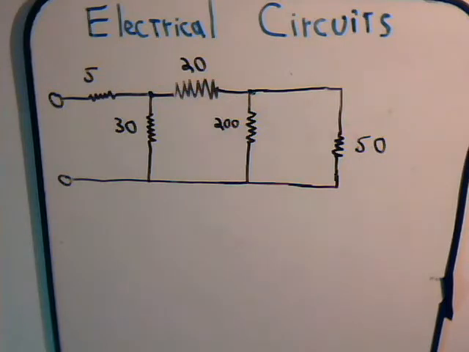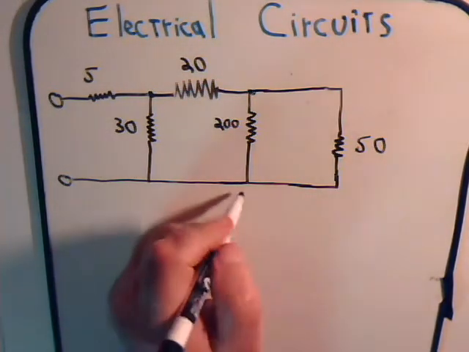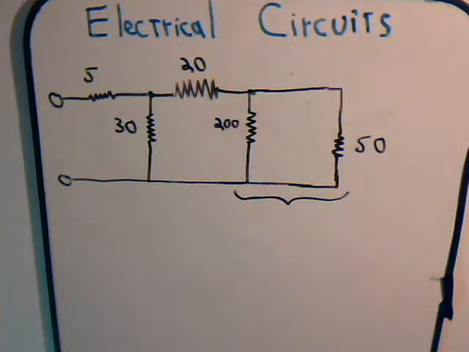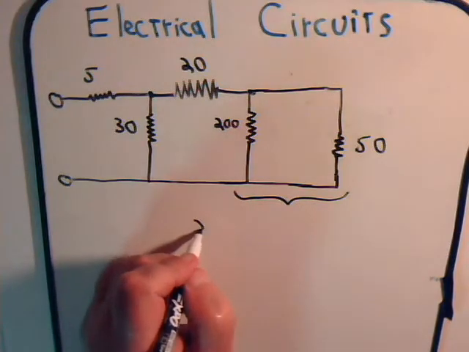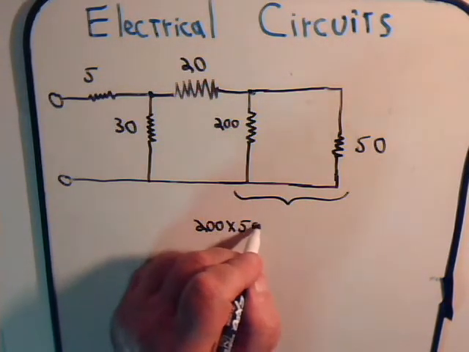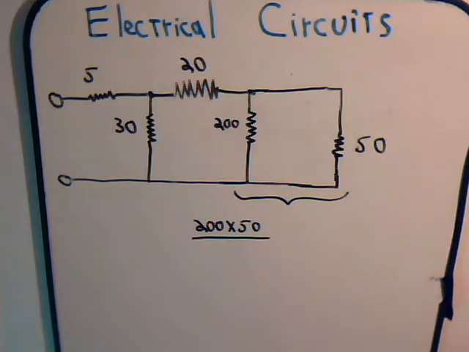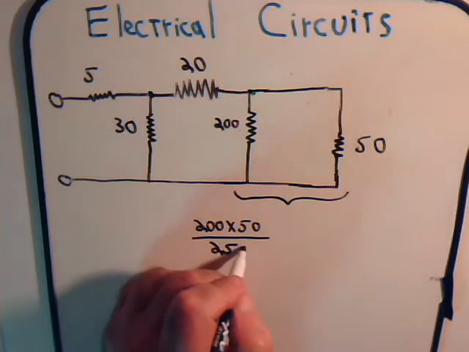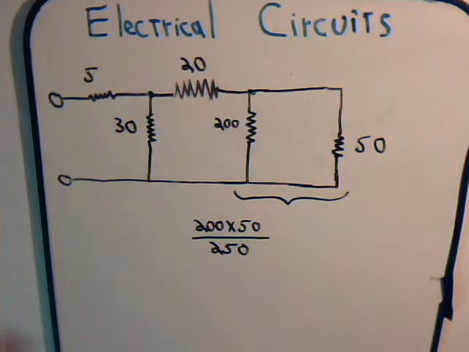So these two that are in parallel with each other, we can find their equivalent resistance. That is equal to the product, 200 times 50, divided by their sum, and that is 250.